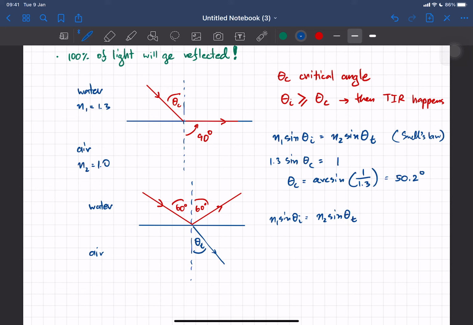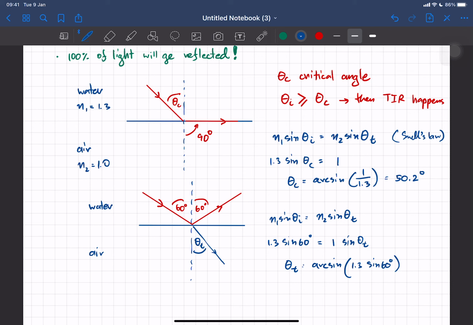Okay, Snell's law again. It's 1.3 times sine of 60 equal to n2, which is 1, that's air, times sine theta t. So theta t is arcsine of 1.3 times sine of 60 degrees.